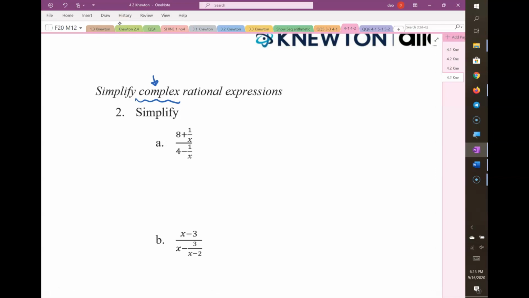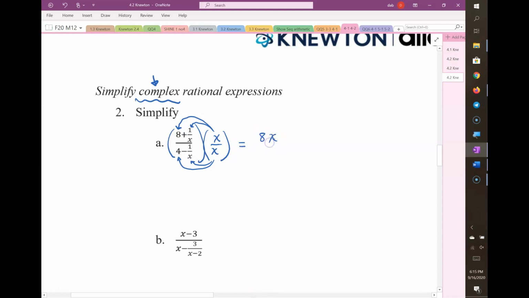So I'm going to show you two different ways to do this. I'm going to start with my preferred way. I look at all the fractions in the fraction and look at the denominators, and I see that I have a denominator of x. So I'm going to multiply the numerator and the denominator by that denominator I'm seeing, x, and I'm going to distribute the x to each term of the numerator and each term of the denominator.